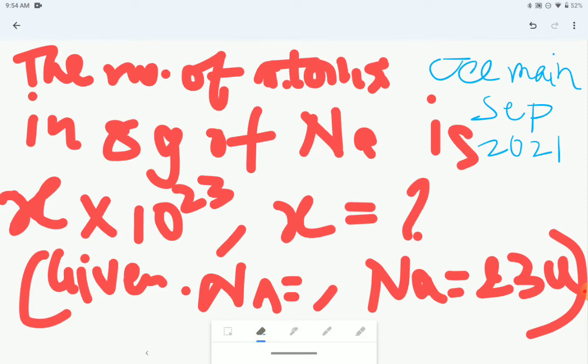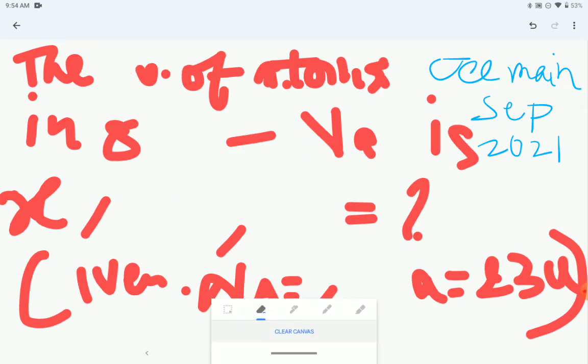So let's solve this question. Let's first read this question. Number of atoms in 8 grams of sodium is some x into 10 to the power of 23. So we should find this x. First we should find the number of atoms in 8 grams of Na. Sodium atomic weight is 23 and atomic number is 11.